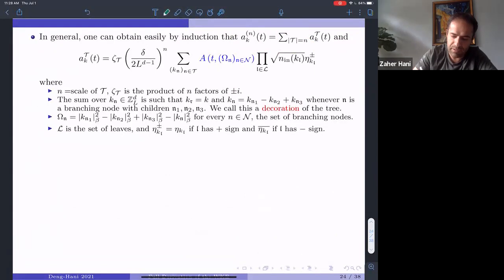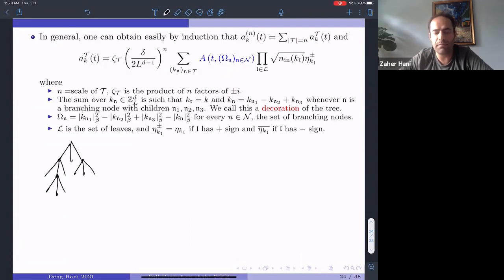Let me draw an example here. Okay, this is an example of a tree. So the nth iterate is the sum over ak of t. So this is an expression that depends on a tree of scale n. This means the number of branching nodes in the tree is n.